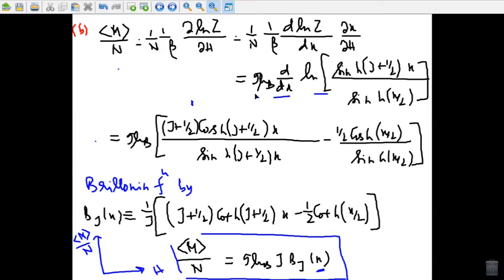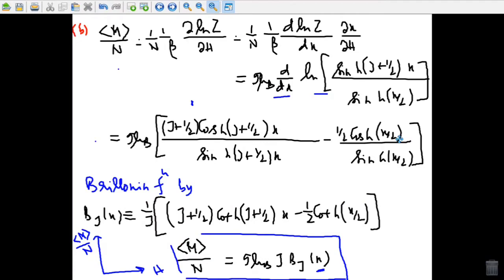So this is g mu_B d/dx of ln of sinh((J plus half)x) divided by sinh(x/2). If we calculate d/dx of ln, this simply gives (J plus half) cosh((J plus half)x) divided by sinh((J plus half)x) minus half cosh(x/2) divided by sinh(x/2).